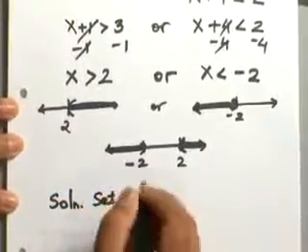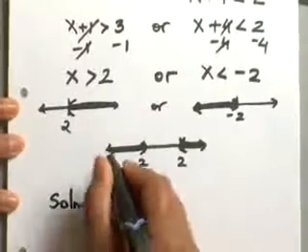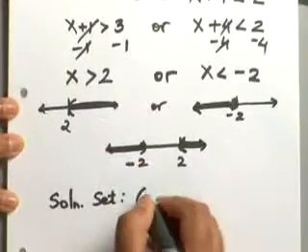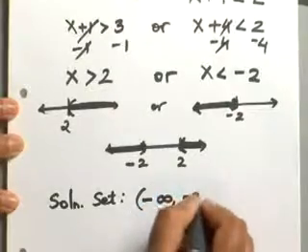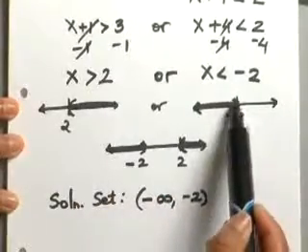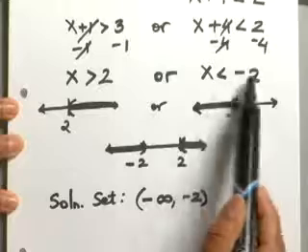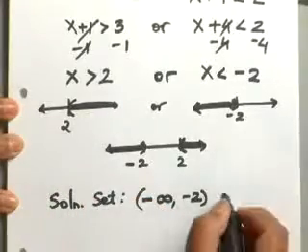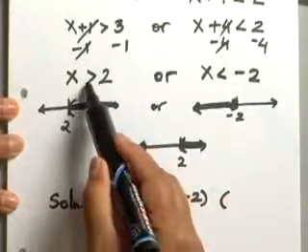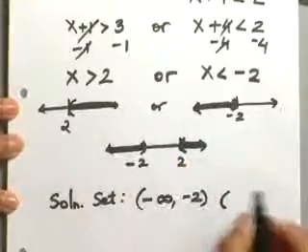And your solution set here will be this half, which is negative infinity to negative 2, because again, that is all the values for x which will be less than negative 2. And then the other set will be everything greater than 2, which is 2 to positive infinity.